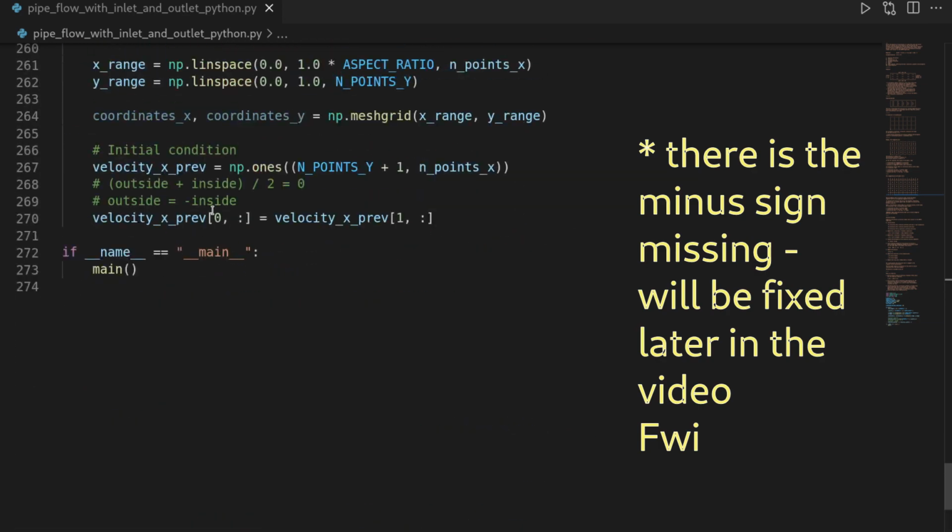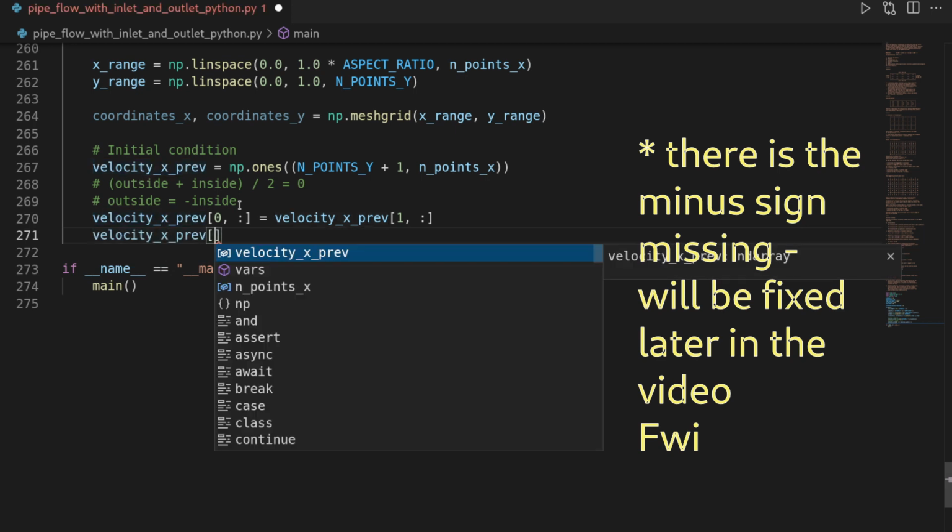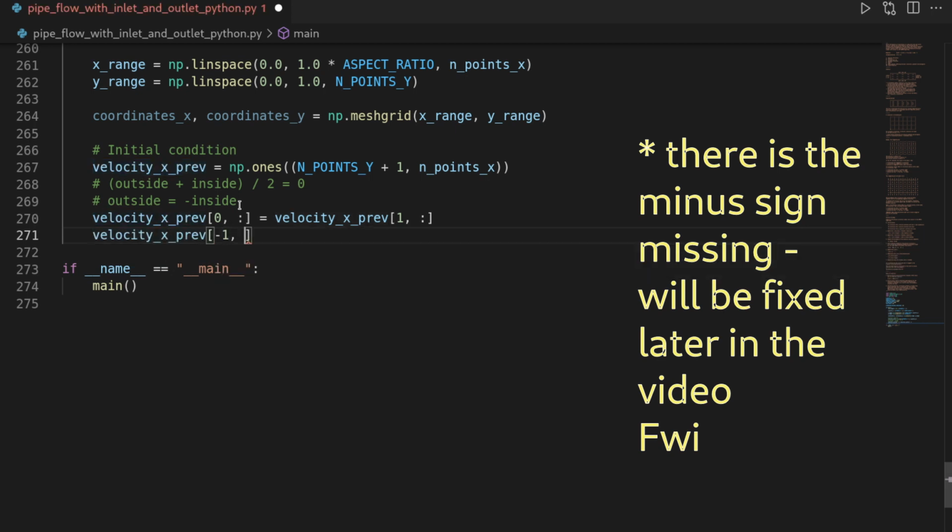Okay, that's long story short. We then have to do a similar thing for the top edge, and we can use -1 in order to index the last element in y direction, which would be then the ghost cell, and then we set the value of the ghost cell to be the negative of the cell just interior behind the domain boundary, and then we're good to go.